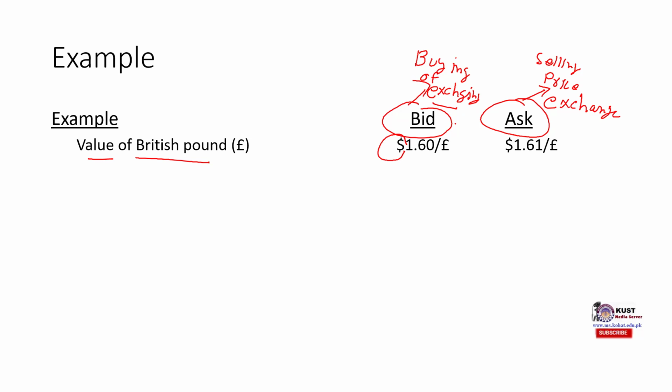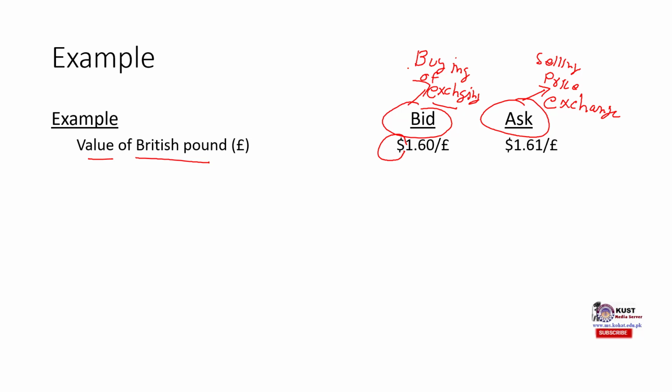There was no concept of bid or ask prices in our previous classes. But now we would try to introduce real-time situations in our examples. In the real world, we have different bid prices and different ask prices. Remember, the exchange or the bank buys a currency at a lower price and sells it at a higher price.